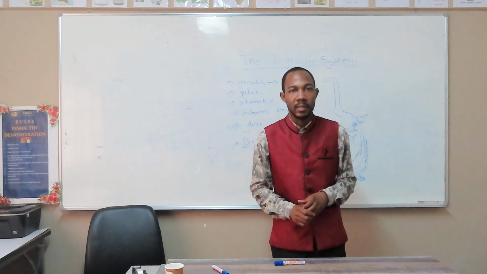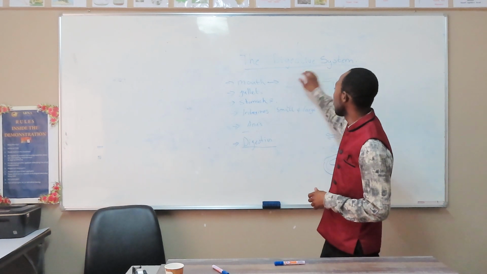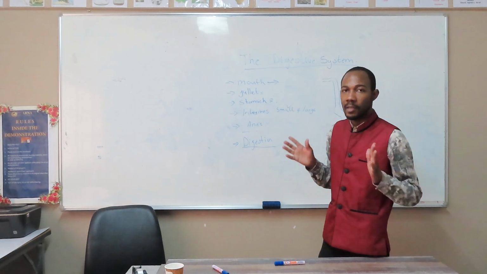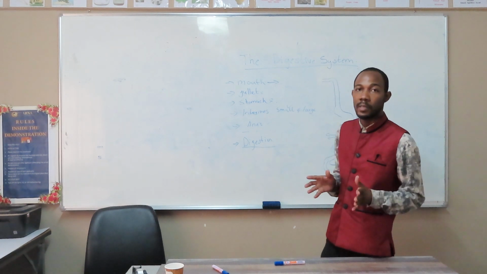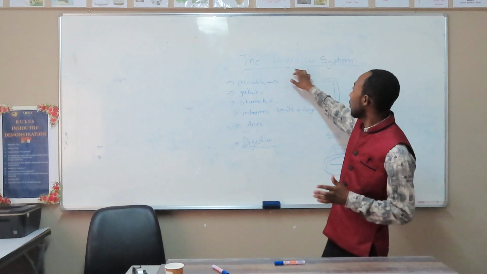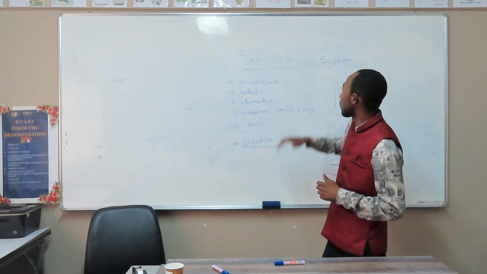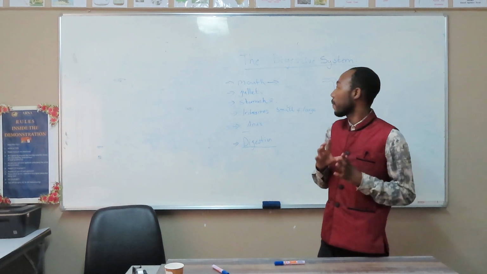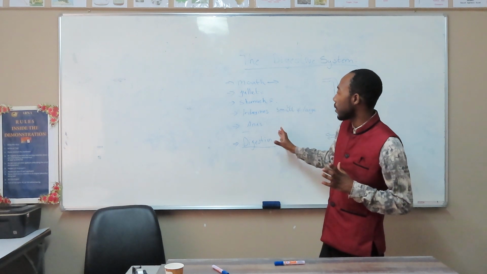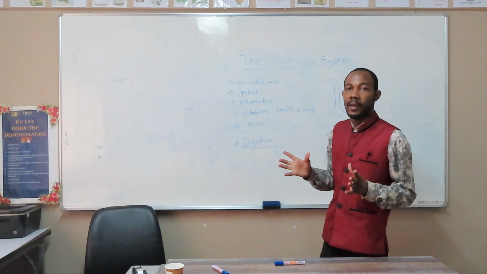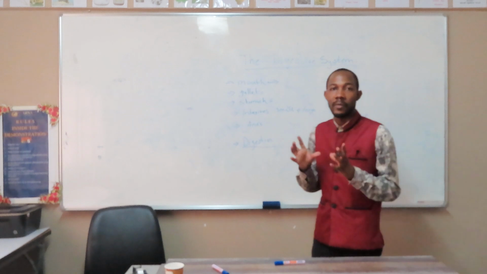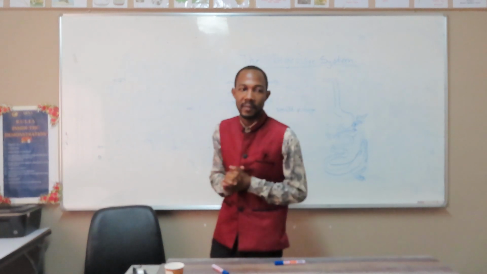So this is the little summary on the digestive system. When you're talking about the digestive system, always know the definition of digestion and the organs that take place inside this whole umbrella word, digestive system.